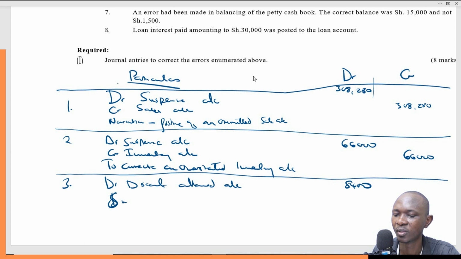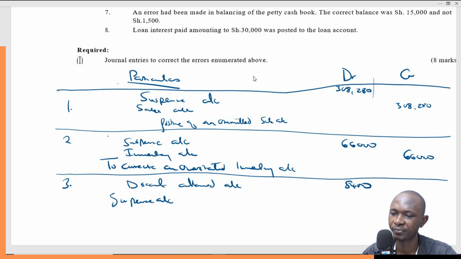suspense account. It's not mandatory for you to keep on writing debit, credit, narration. You can do away with this, after all it's not a must because they are here, debit and credit. So suspense account 5,400.